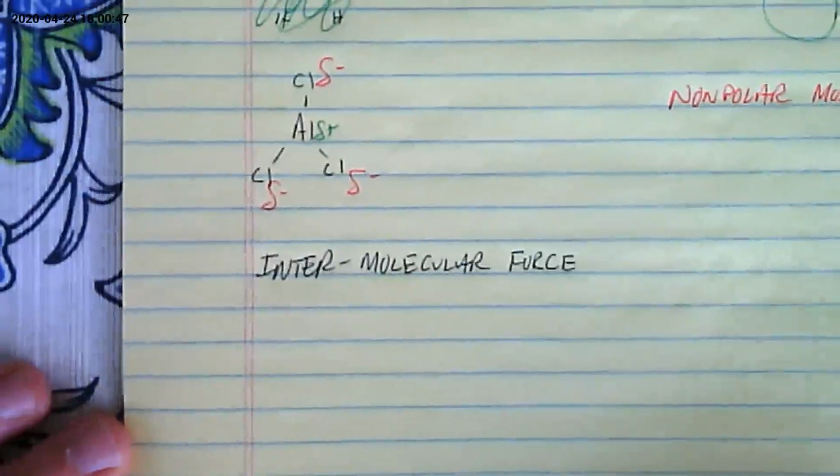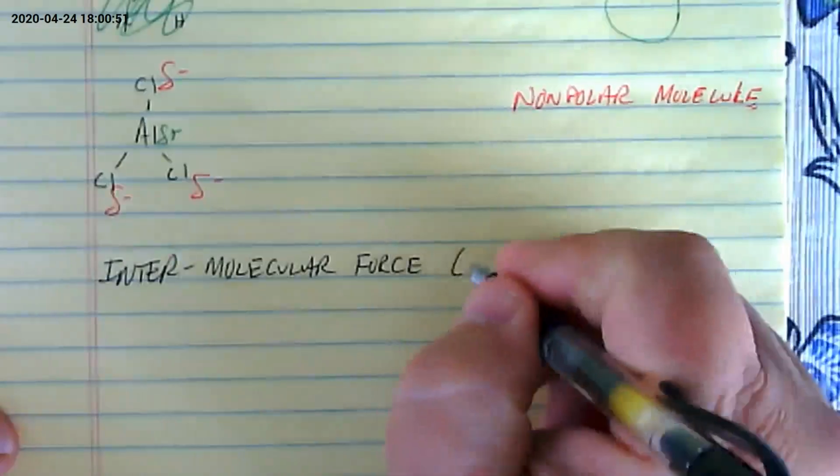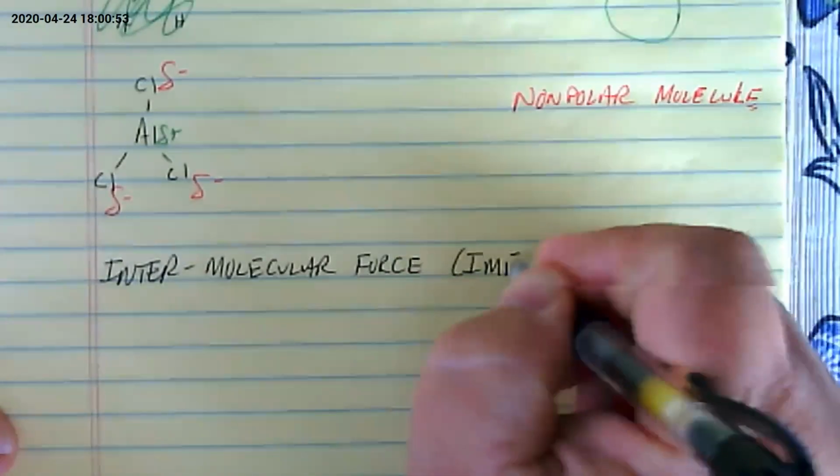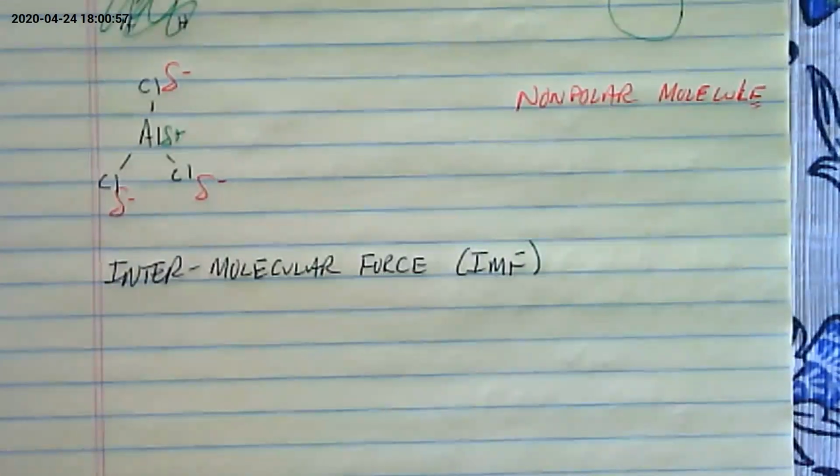An intermolecular force is the attraction in between molecules. From here on out, I'm not going to say intermolecular force because it's a lot of words. I'm just going to say IMF, intermolecular force. This is the attraction in between molecules.